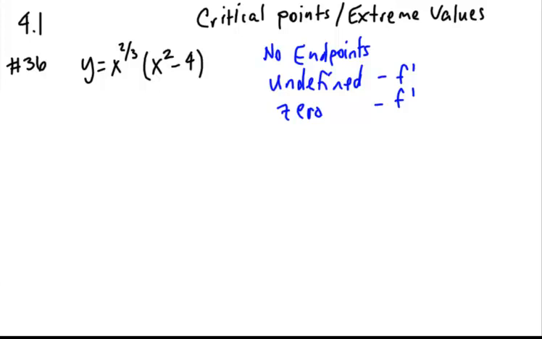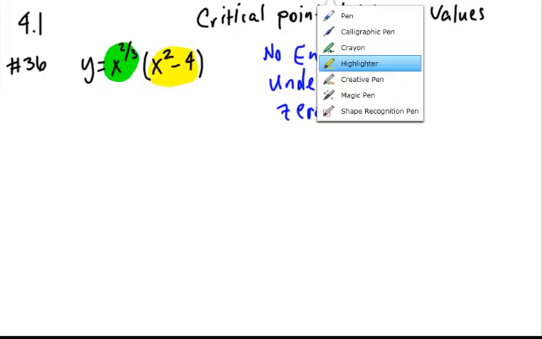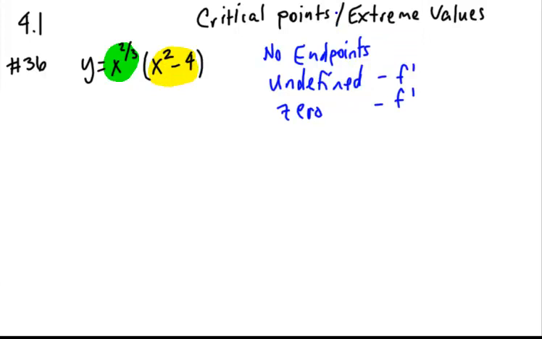Okay, so if we take the derivative of this guy, we've got a u and we've got a v, which means that we're going to use the product rule, and that looks like u v prime plus u prime v. So don't forget this part of the calculus.